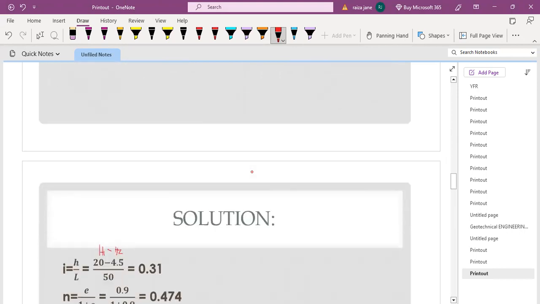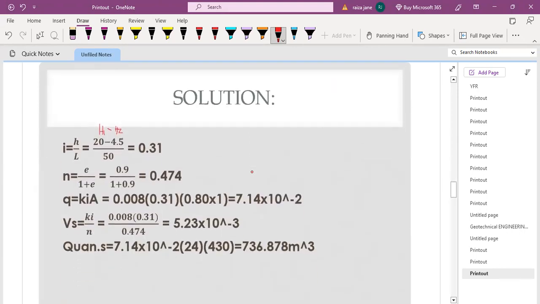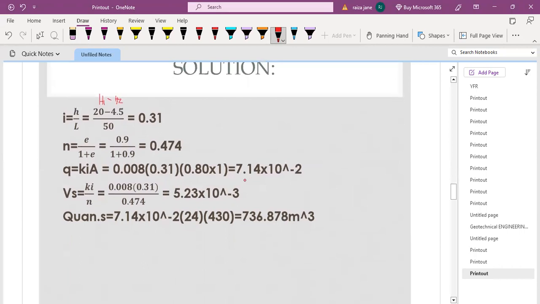Kasi para ma-convert natin siya into cubic meter. So, bale, ang makukuha natin is 0.14 times 10 raised to negative 2 cubic meter per hour per minute.